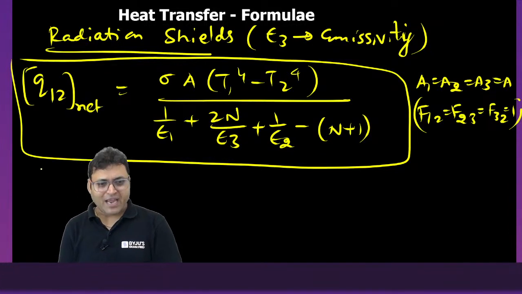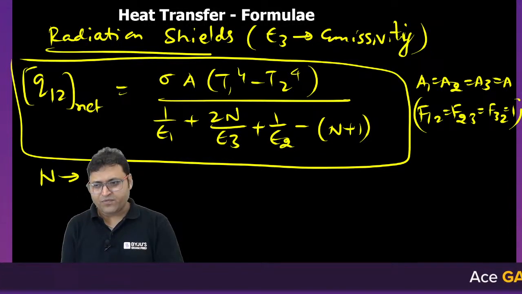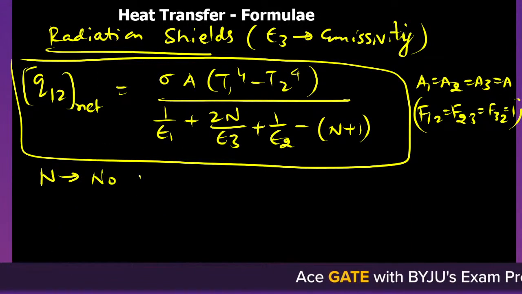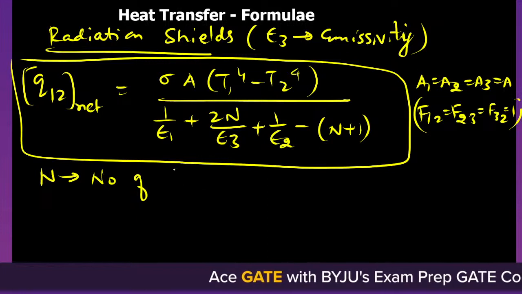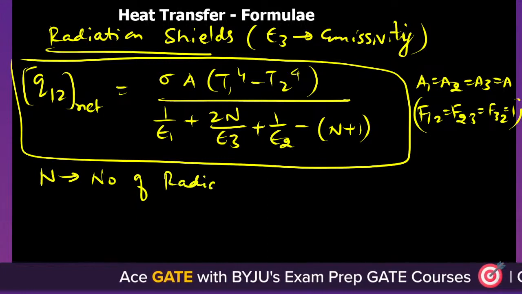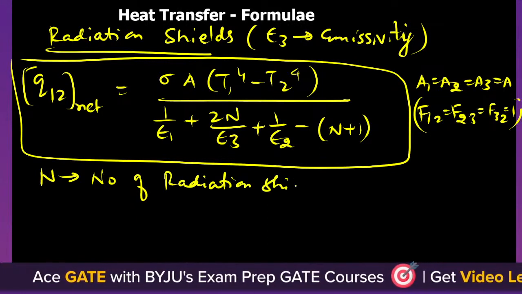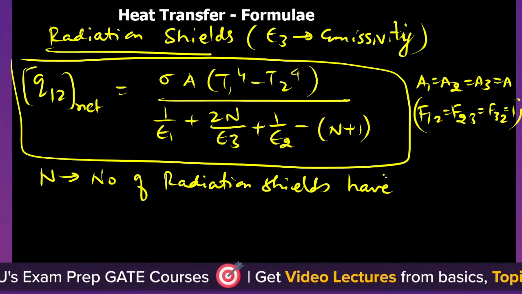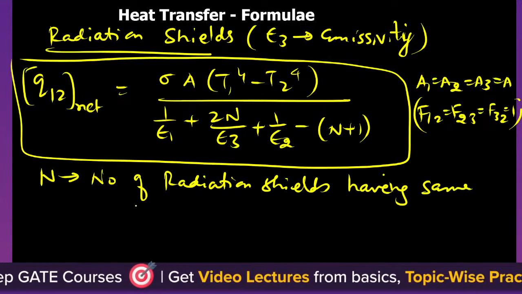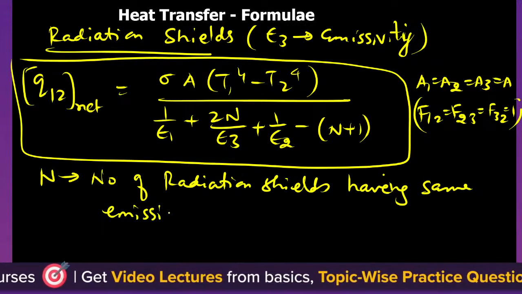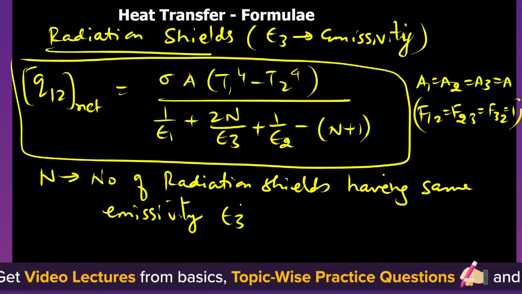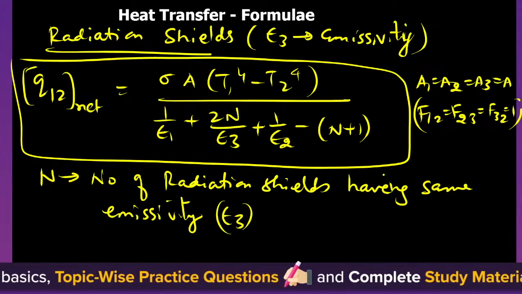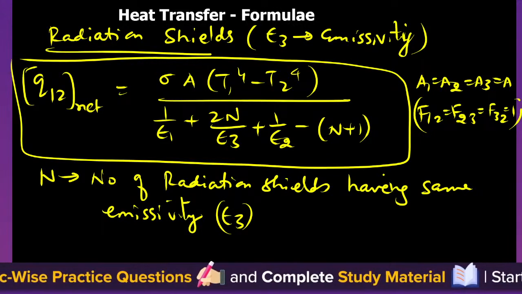Shape factors are 1 and N is the number of radiation shields having the same emissivity, epsilon 3.